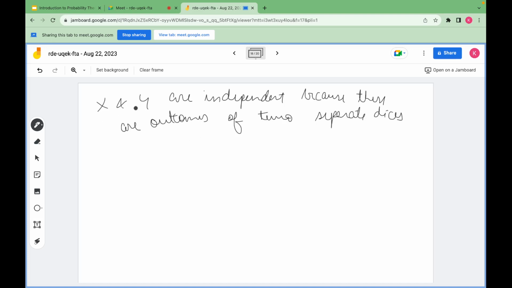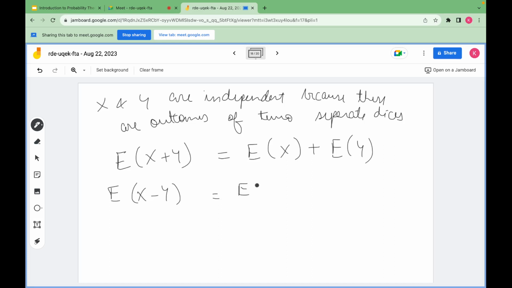They are not dependent on each other. So for calculating the expectation of x plus y, we can write it as expectation of x plus expectation of y. Similarly, the expectation of x minus y is expectation of x minus expectation of y. So this will be 7 and this will be 0.